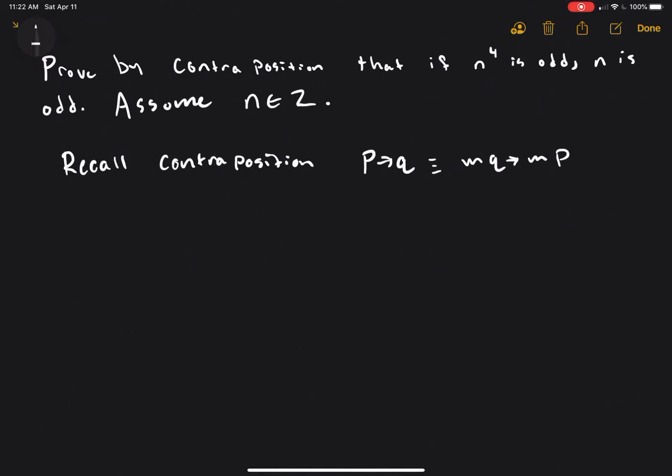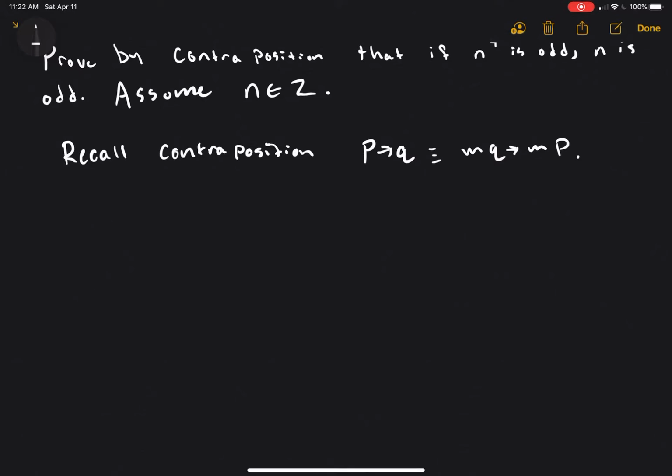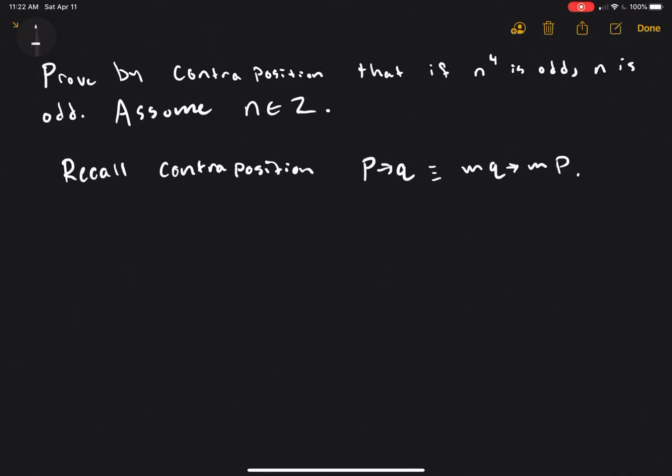Okay. So from there, we can make our P's and Q's. Our P will be n to the fourth is odd, and our Q will be n is odd.